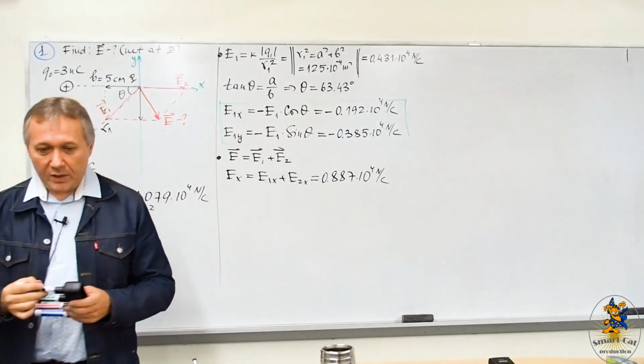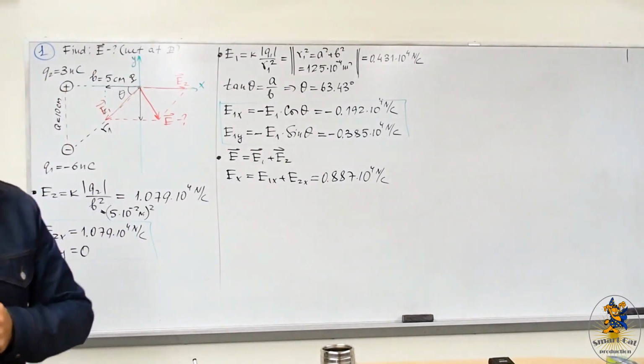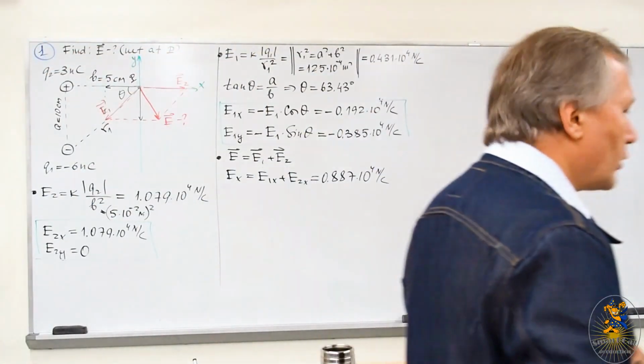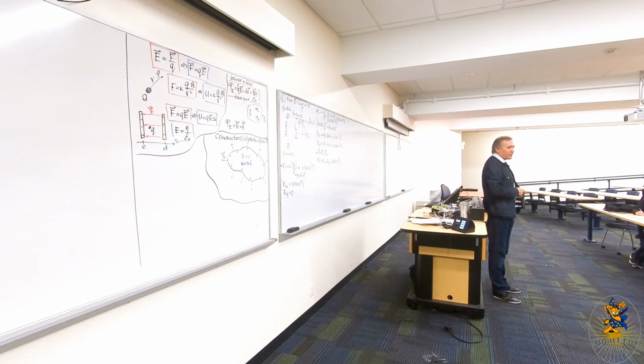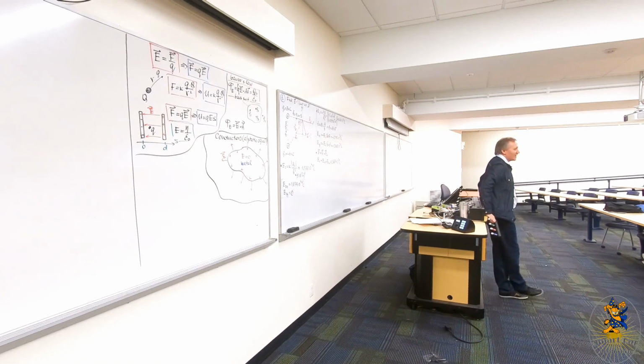As for significant figures on the exam, okay, we are not that picky. But of course, if you write 10 digits after the decimal point when only 3 sig figs are given in the problem, it's kind of not cool, right? So we need to keep a reasonable number of sig figs.